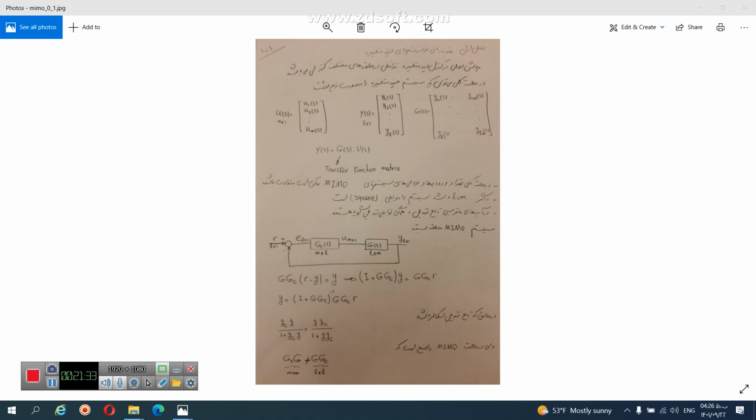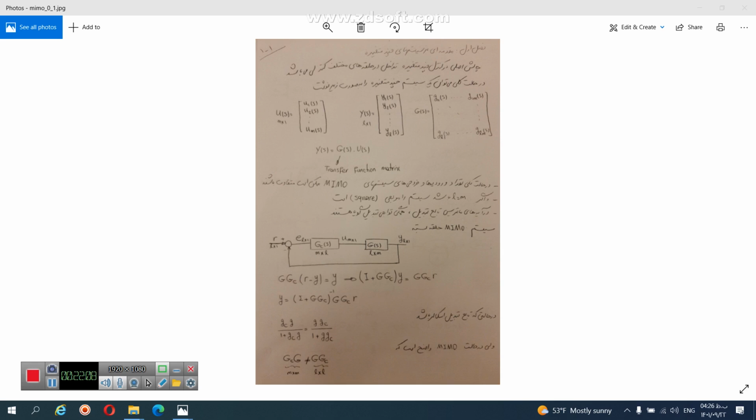Another thing in this system, C multiplied by G, the dimension is M, L, L, N. The dimension of this matrix is M, N. And GC is L, M, sorry, M, L, this is L, M. GC is not equal to CG.